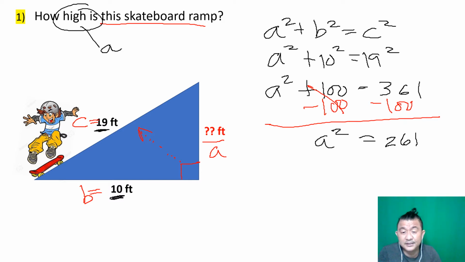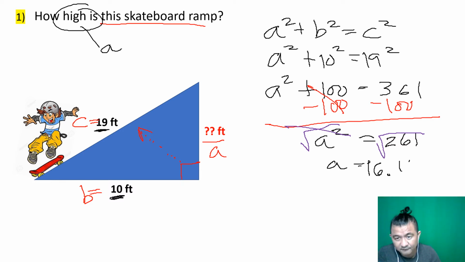But I'm not yet done because of that square. How do I remove the square? Simply get the square root on the left, square root on the right. That cancels out. Therefore, a will be alone. Now, the square root of 261, yes, you can use your calculator. You will get 16.155249 and so on.